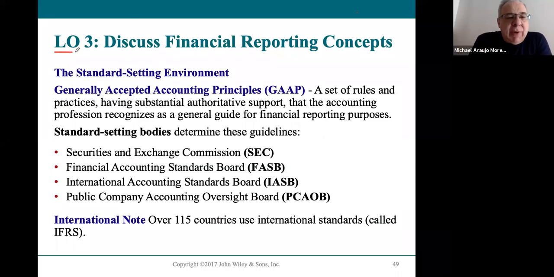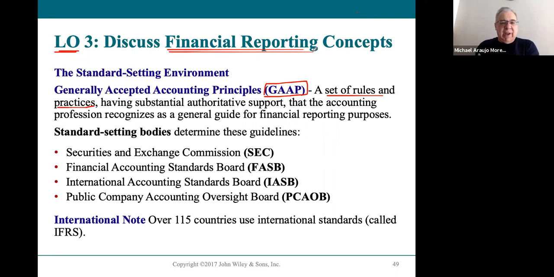All right, so learning objective 3 simply introduces you to generally accepted accounting principles, what we call GAAP. These are that set of rules and practices that financial accountants have put together so we can have some standards in how we report financial information.